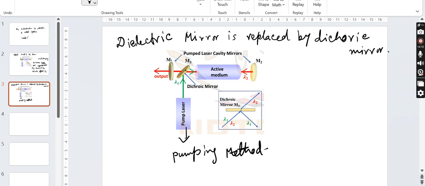The pumping laser is different from the other laser, though it can be the same also.